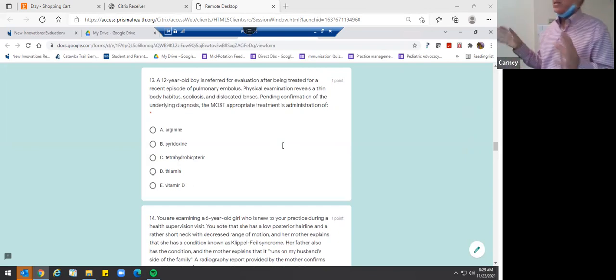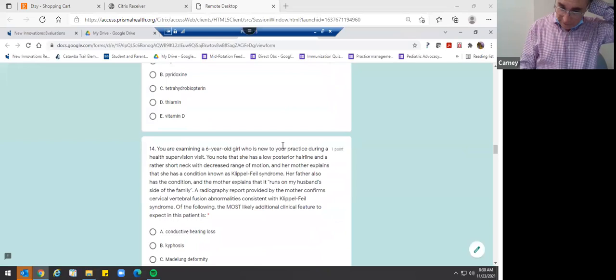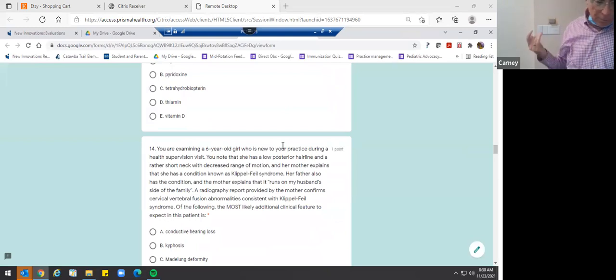But the trick is, it's a problem with methionine, and so what helps that enzyme be as effective as it can is pyridoxine. So pyridoxine is the answer here, okay, for homocystinuria. And there's that block of homocysteine going to methionine, and so it helps facilitate that particular enzyme. So the answer is pyridoxine.